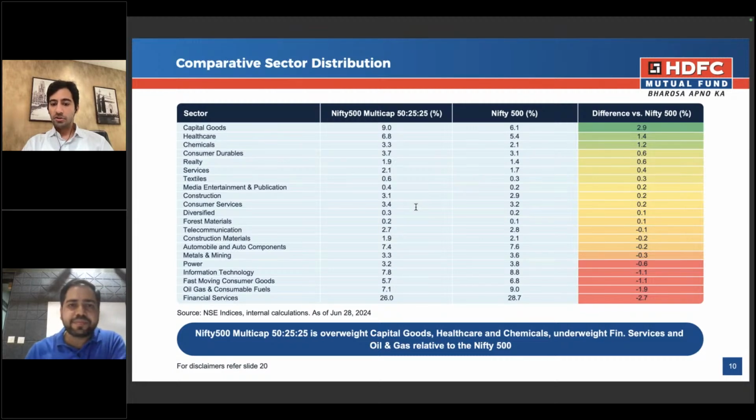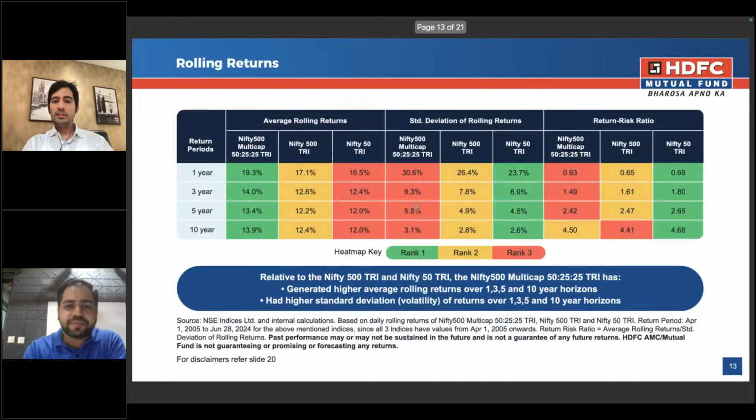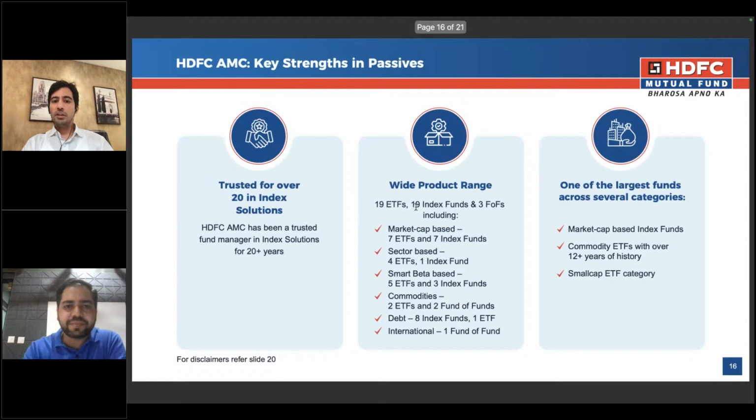So there is no differentiation in terms of the underlying index. The differentiation comes from the fact that we have been doing passives for over 20 years.